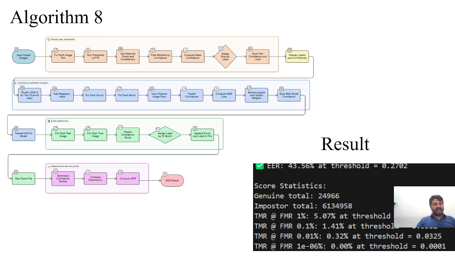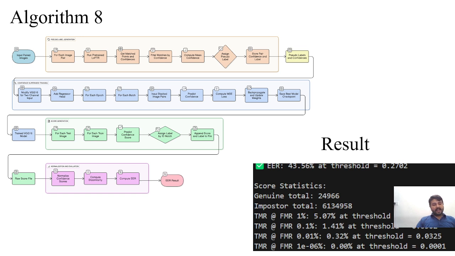For score generation, I make pairs similarly to what I explained earlier: each image in the test dataset with every image of the train dataset, and assign a label if they belong to the same subject. And I compute the confidence score. Then, based on this confidence score, I normalize it and compute the dissimilarity using two different approaches.